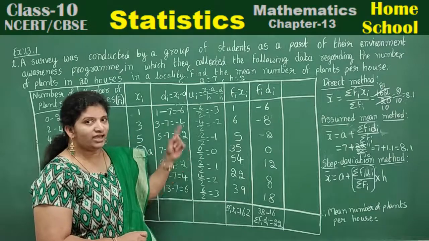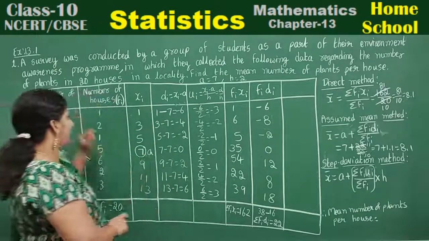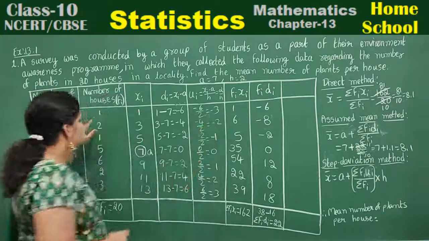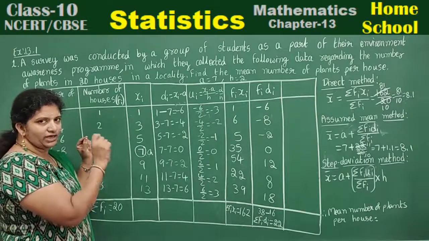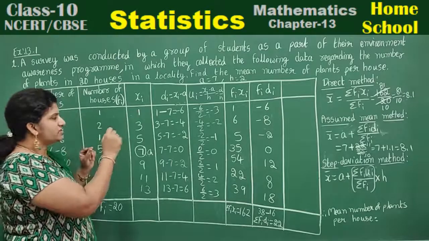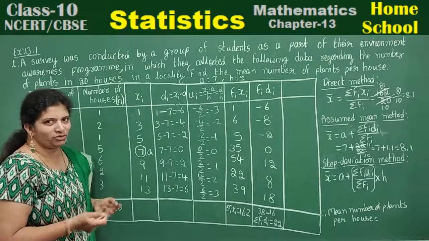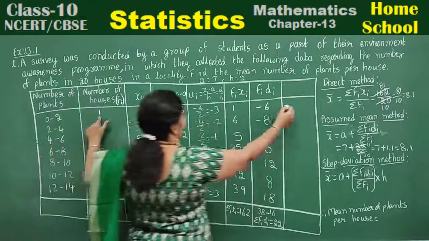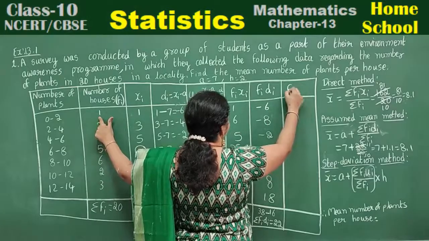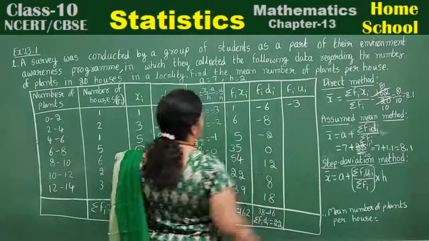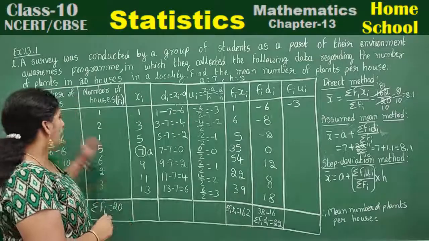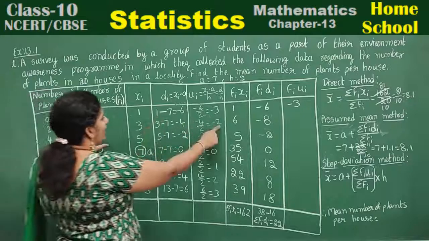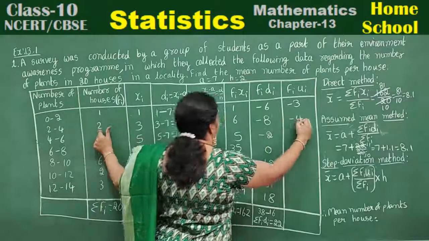Now, Fi, Ui you need to multiply. Observe here, this is Fi and this is your Ui. Observe carefully when you are multiplying numbers. Suppose any one number is interchanged, your problem goes wrong. 1 into minus 3, minus 3. 2 into minus 2, minus 4.